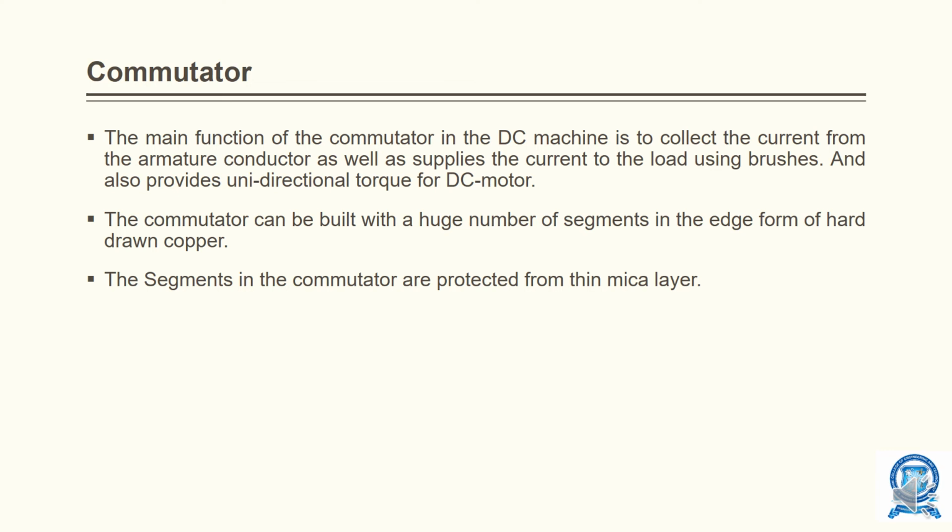The commutator can be built with a huge number of segments in the form of hard drawn copper. The segments of the commutator are insulated by thin mica layers.